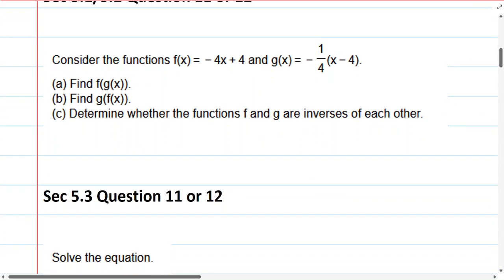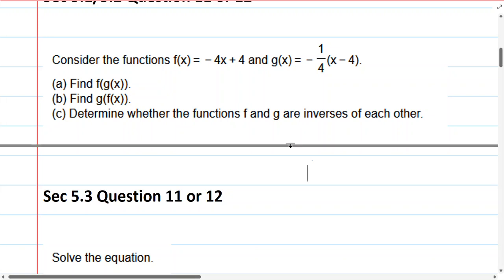All right, so in this one, we're going to do the general form of the equations and then check to see if they're inverses of each other. In other words, we get x. So let's do that.